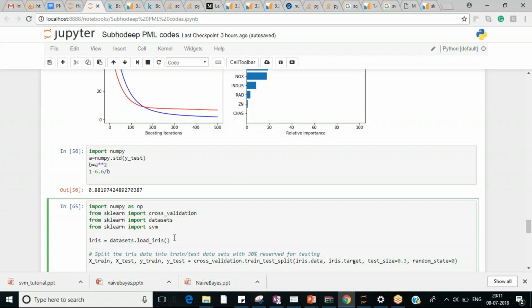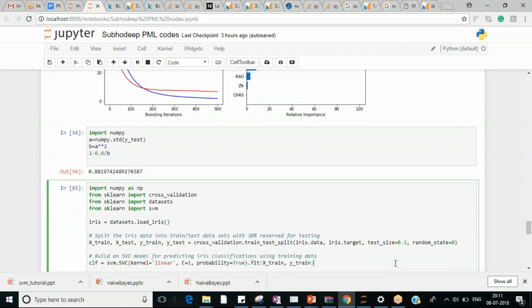So I took the iris dataset and did a train test split. I took the test size as 0.3.